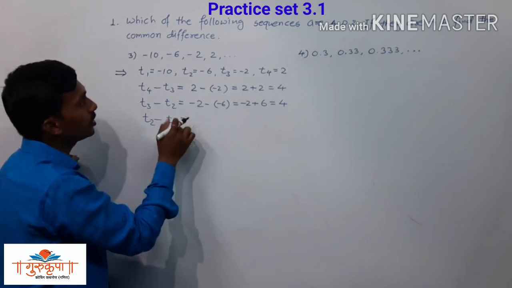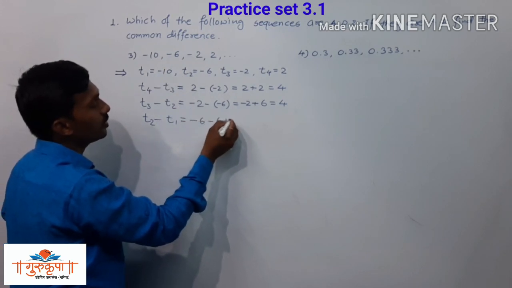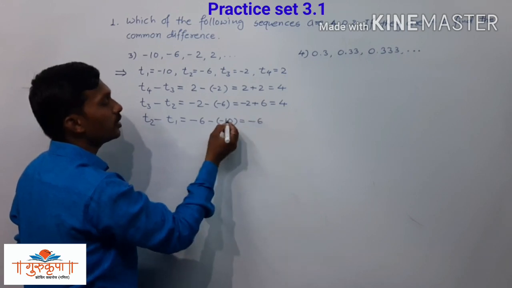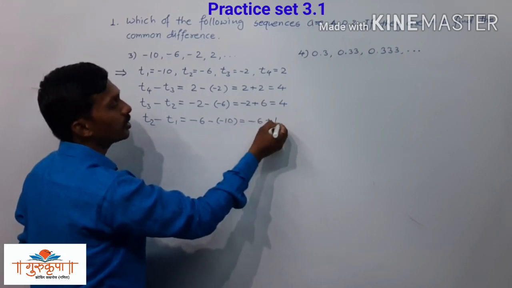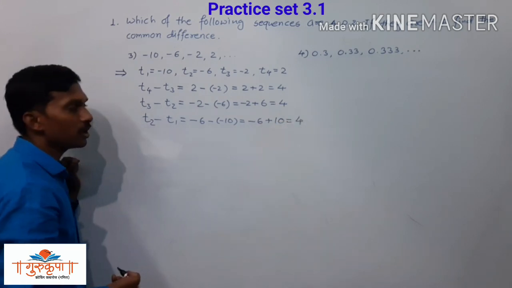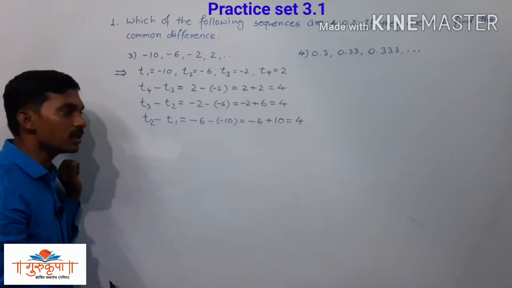T2 is given minus 6 minus T1 is given minus 10. This minus 6 remains as it is, minus into minus is plus, that is 10, and 10 minus 6 is again 4. So here also common difference between any two consecutive terms is the same.